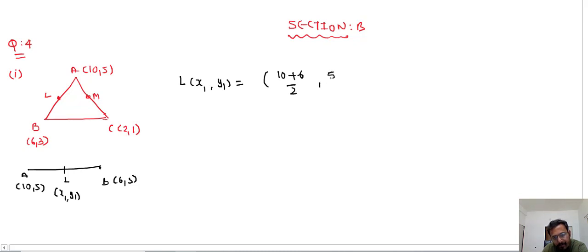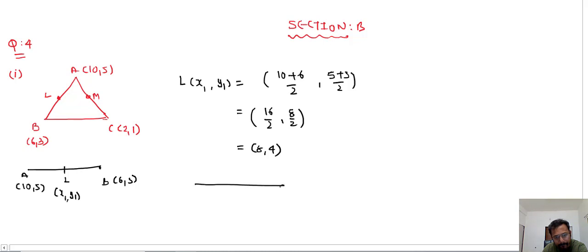So here A and C, and here is M. Let's take (x2, y2). Apply the midpoint formula: 10 plus 2 by 2, 12 by 2, and 4 by 2. So simple, an example of how to find midpoints.